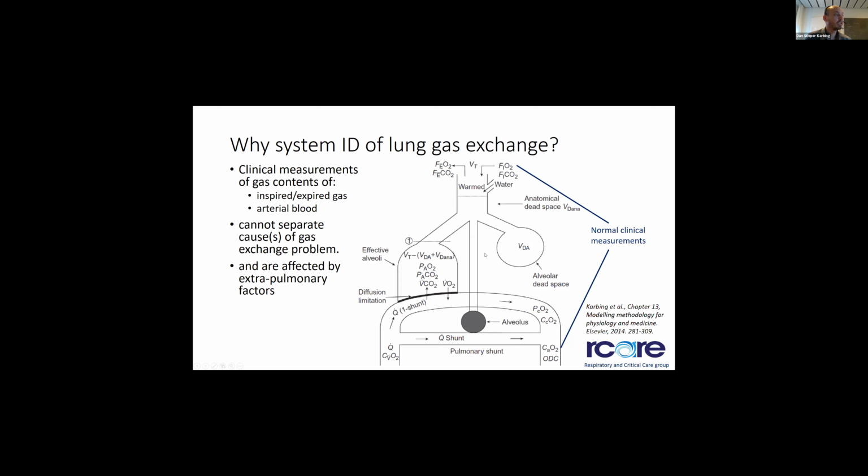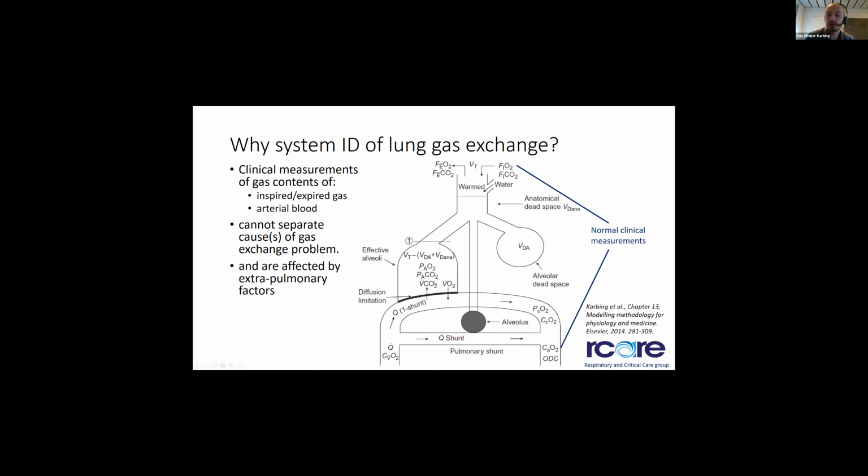So we have alveolar dead space, which is air reaching respiratory units that aren't receiving any blood flow. We have pulmonary shunt, which are units that are receiving blood flow but no gas. And then we have the remaining units that receive some ventilation perfusion relationship.